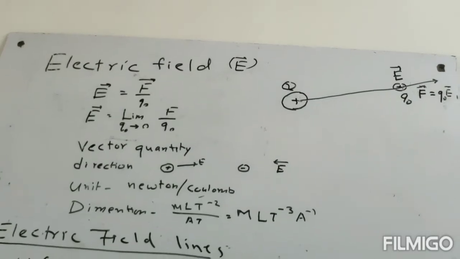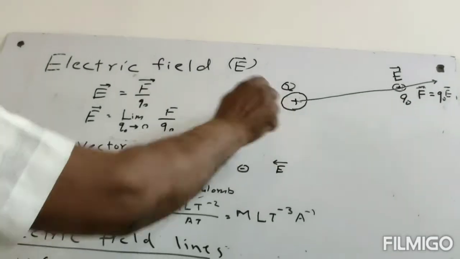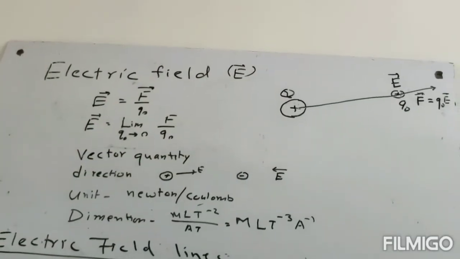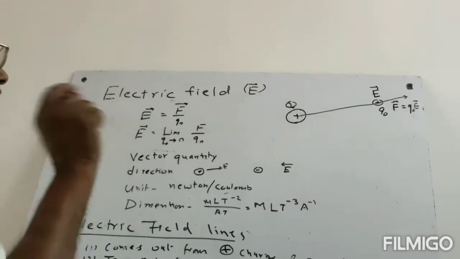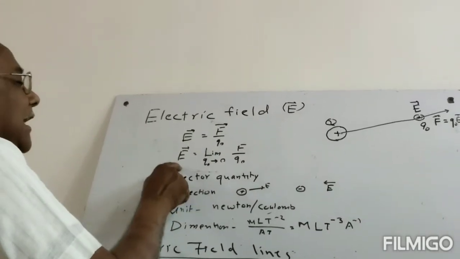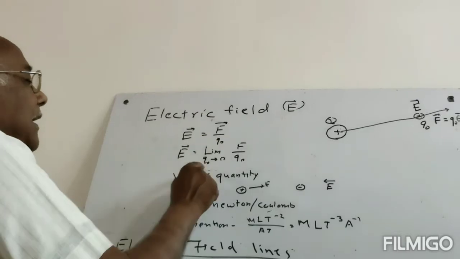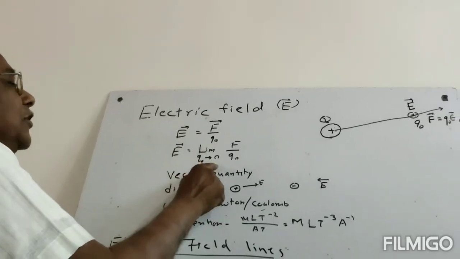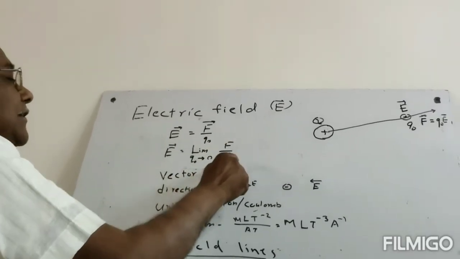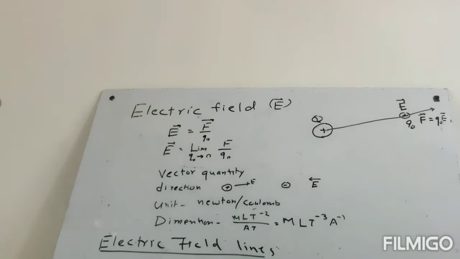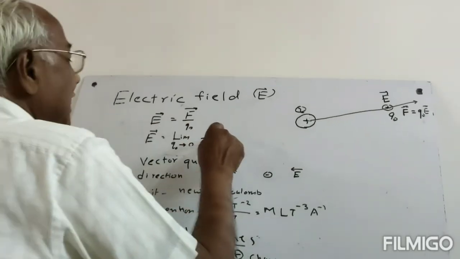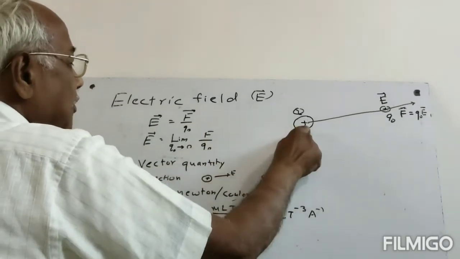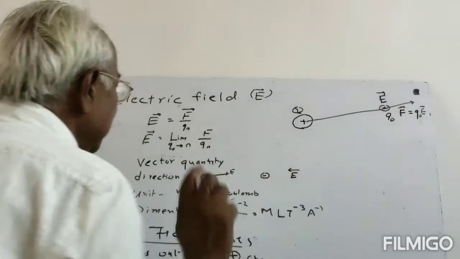Therefore, we want only the electrical field of the capital Q charge, so the small Q0 charge should be very small. So our definition will be: electrical field E equals limit Q0 tends to 0 of F vector divided by Q0. This will be the electrical field of charge capital Q at this point P.